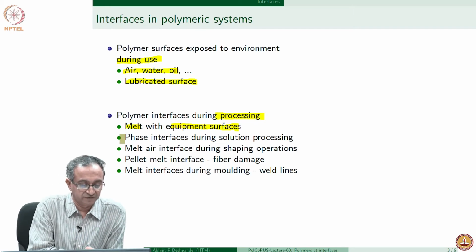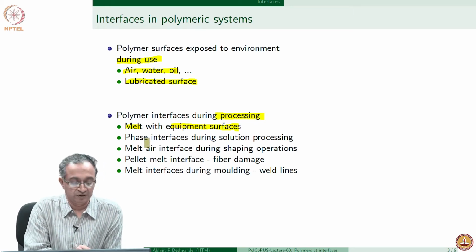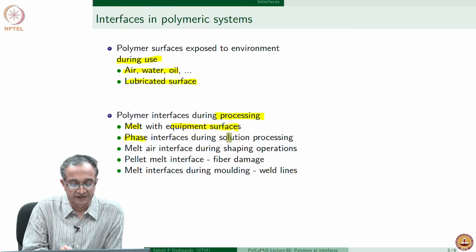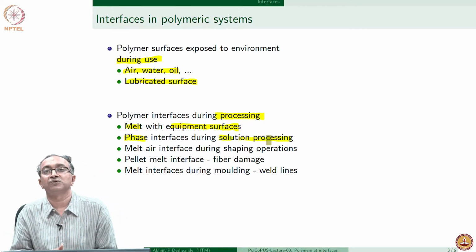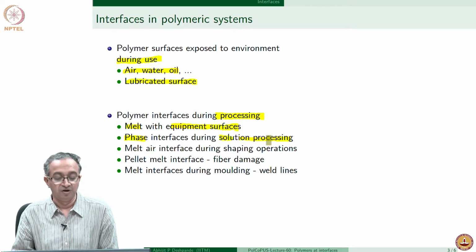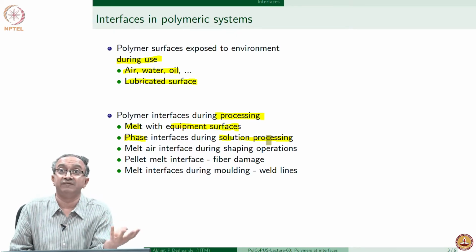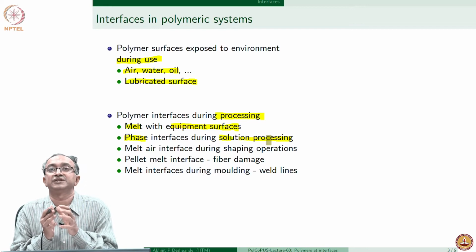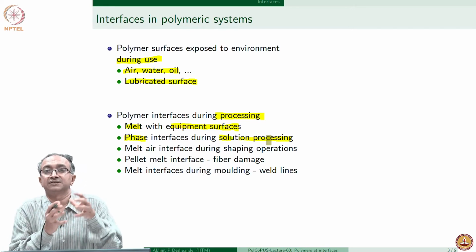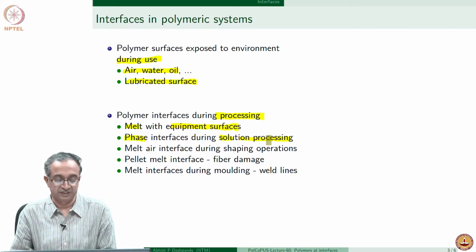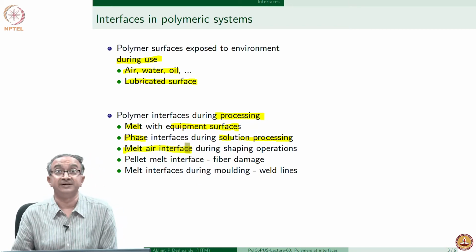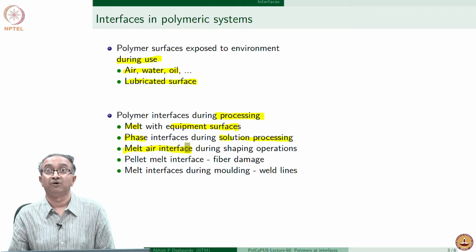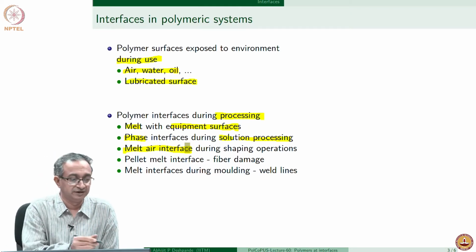There is of course a phase interface between macromolecule and solvent whenever we have solution processing. Whenever polymer is precipitating out of the solvent, or in case polymer is dissolving in the solvent, there is the interface between the polymer rich phase and the solvent rich phase. We could also have the melt air interface when we are forming a film or when we are forming a fiber.